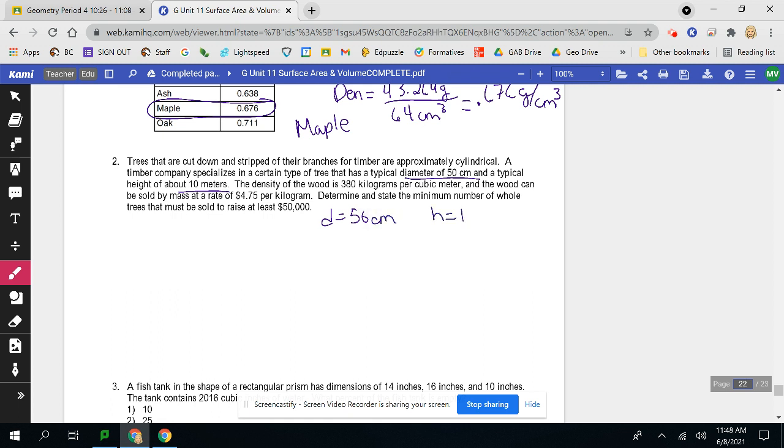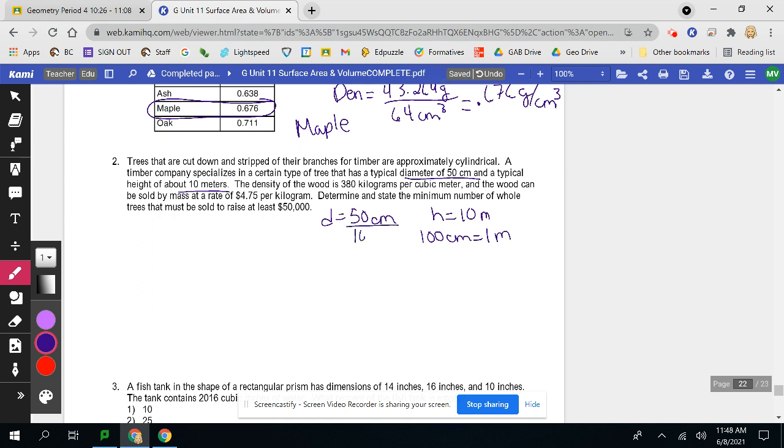So first of all, we need those to be the same units. If we recall, 100 centimeters equals 1 meter. So I'm going to take my diameter and divide by 100 centimeters and get that it's 0.5 meters.